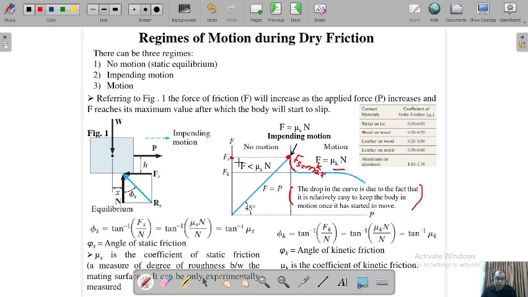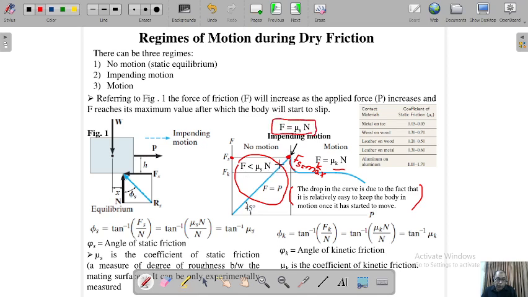And all this zone is the zone in which there will be no motion and the object will be in equilibrium. Very important point: in this zone the frictional value will always be less than the maximum frictional value, which is mu s N. It will always be less than this value, remember.